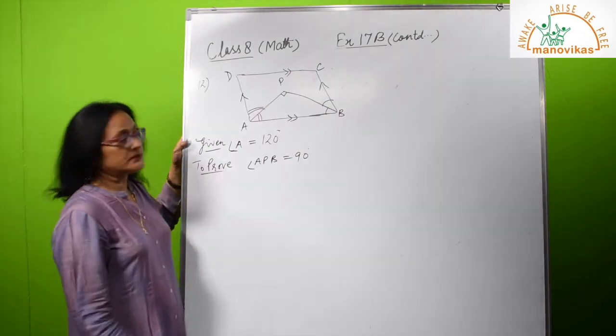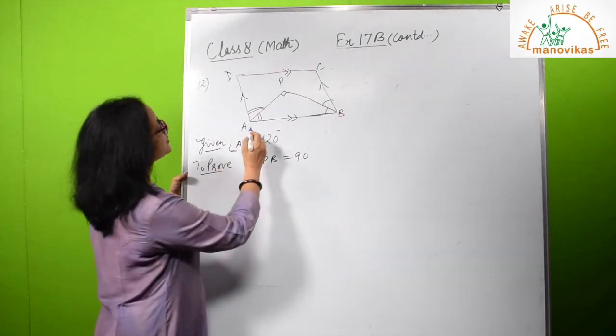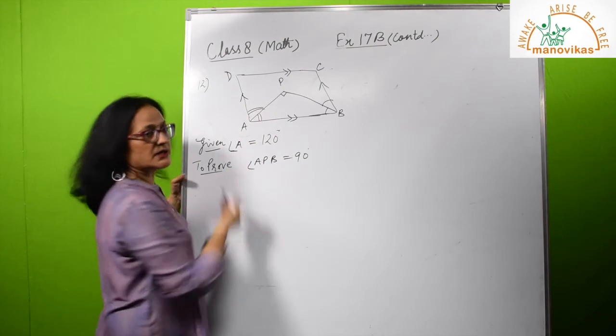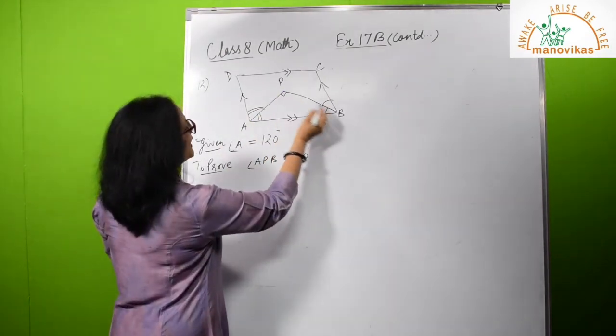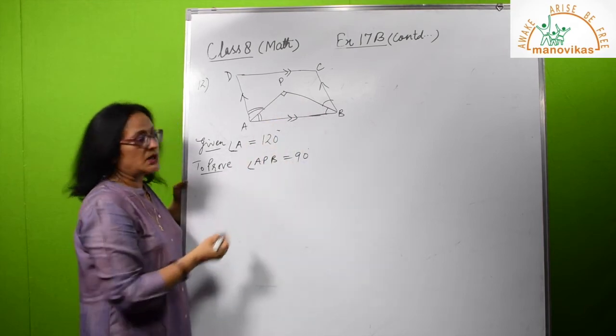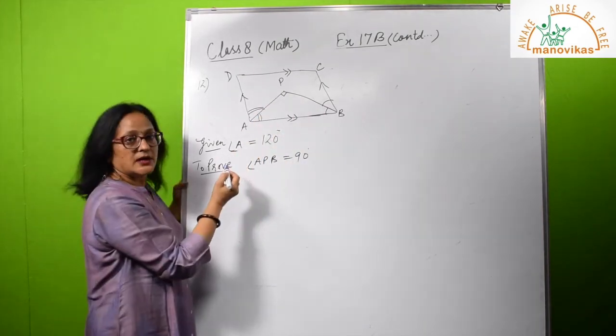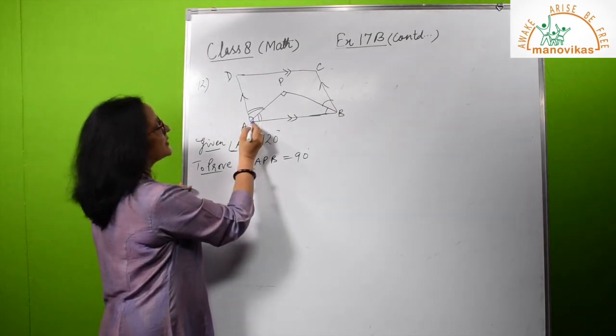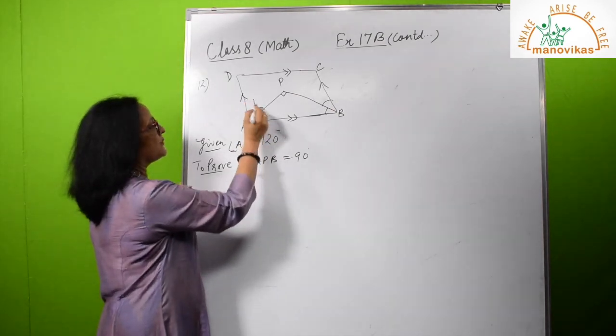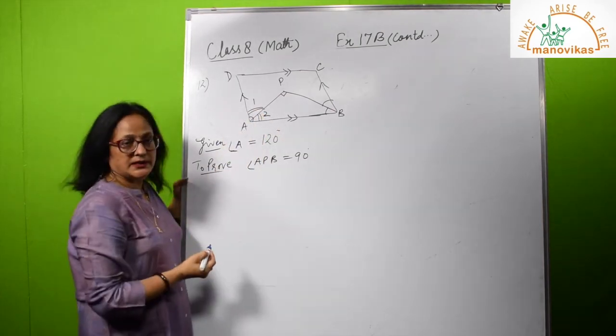Now question number 12. In this question you are given a parallelogram ABCD and this AP and PB, these two are the angle bisectors. Angle bisectors means AP bisects this angle A, means 2 equal. So this angle 1 and 2, they will be equal.